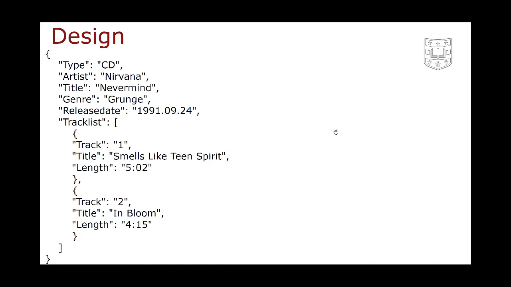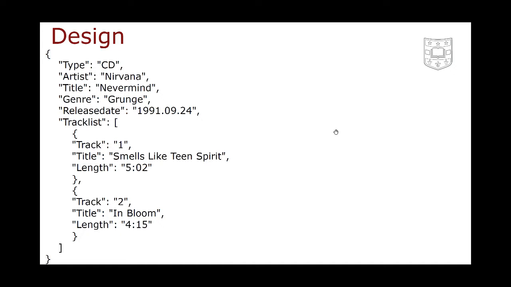But Mongo gives us the flexibility to pick and choose what we want to do, depending on our application. How often do I expect to access this track data? Is it an important part of what I'm trying to do? If it's not something that I expect to use very often, or by itself, like if I don't expect to ever use the tracks without also using the album that they're associated with, then embedding it is fine.